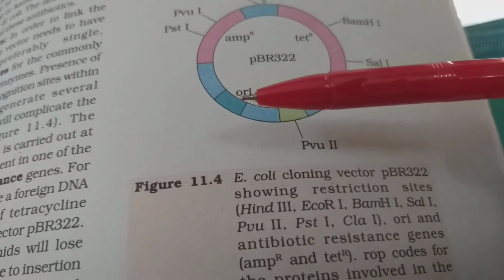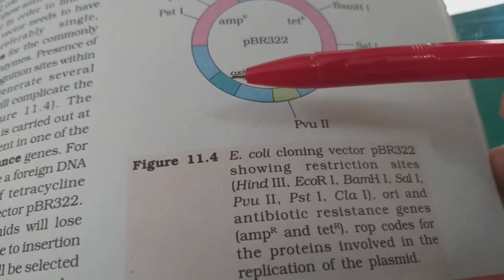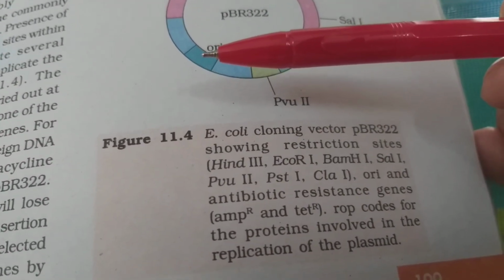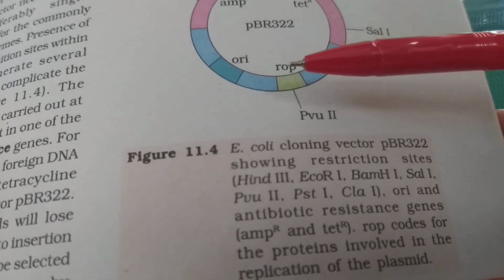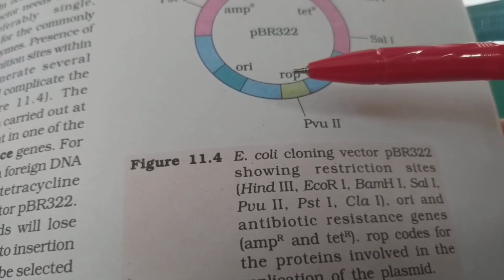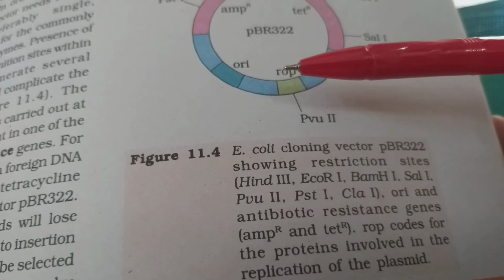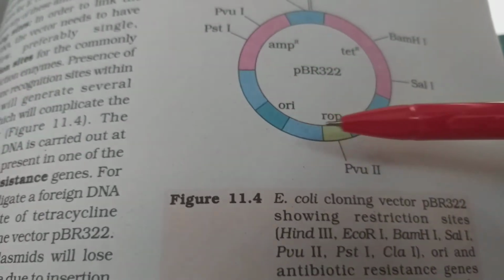Then this is the origin of replication, responsible for initiation of replication. ROP codes for proteins which are involved in the replication of the plasmid.